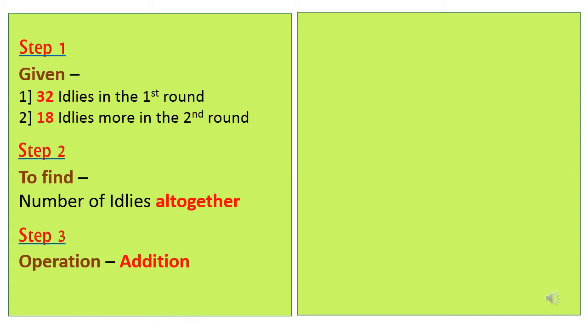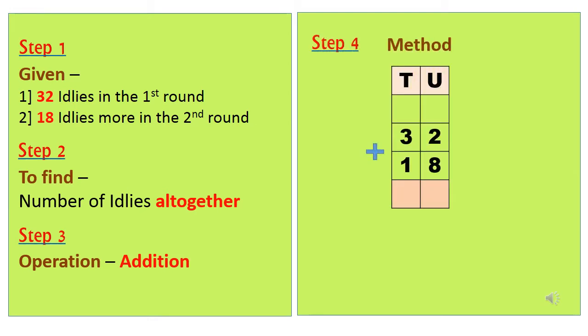In step 4, we will show the method. Arrange the numbers vertically for addition. 32 plus 18. In units place, 2 plus 8 is 10. Write 0 in units place and take 1 as a carryover in tens place.